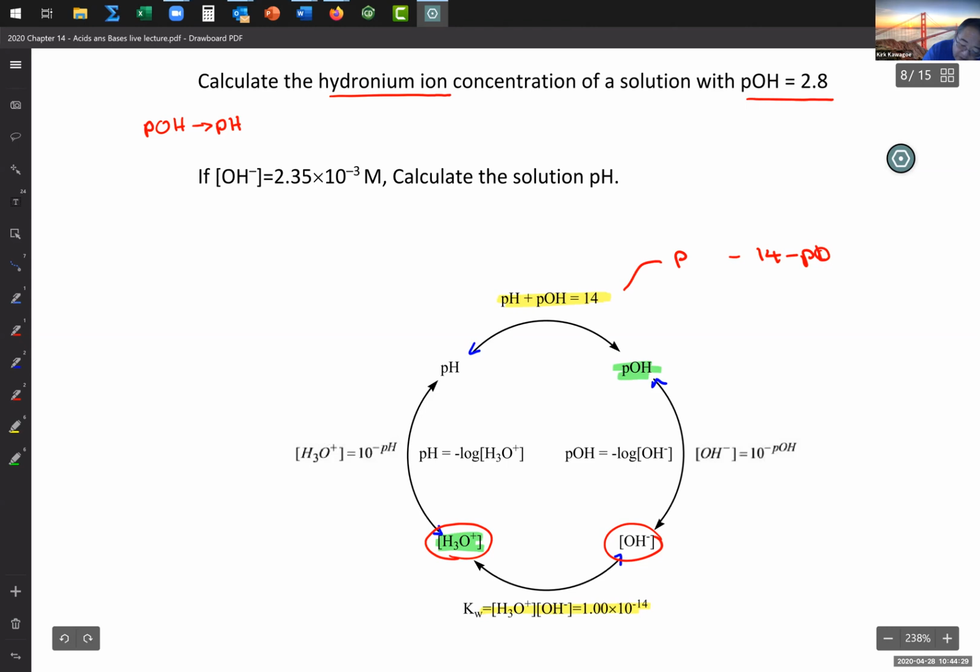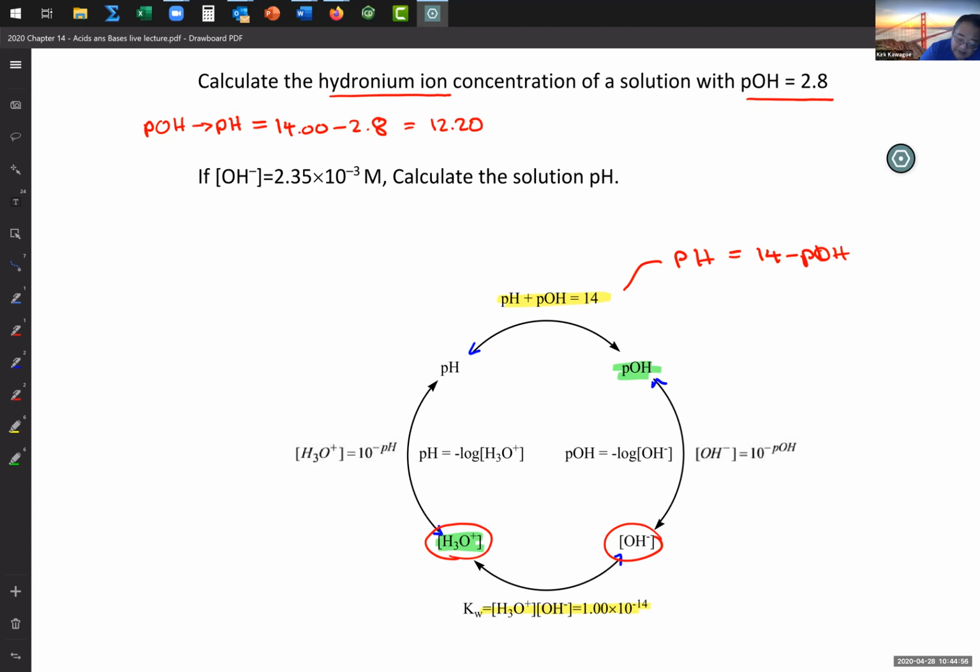So this is pOH on this side. So pH is 14 minus pOH. So I'm going to say pH equals 14, and it's actually 14.00. I think I didn't write all the sig figs in the diagram. Minus 2.8. That leaves me 12.2. I'll call it 12.20 like that.